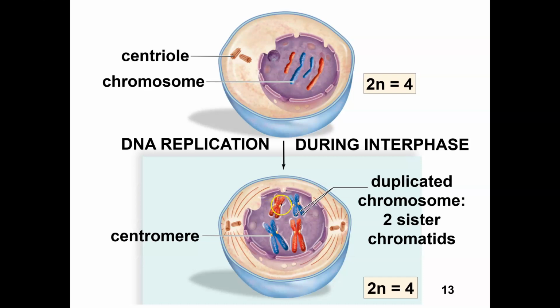The sister chromatids are held together at the centromere. And this is what is going to allow us to control the DNA during mitosis, so we can pull the DNA apart. Each of these individual chromosomes is going to separate from its sister chromatid so that we get identical copies on each side.